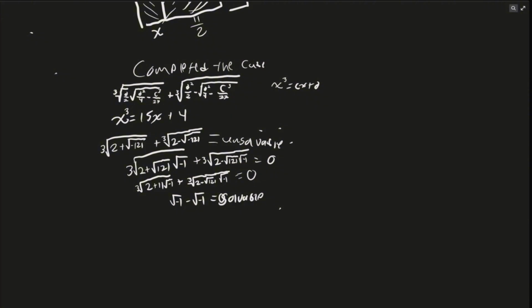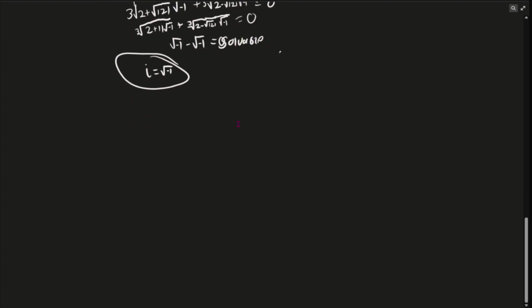This root negative 1, notated by Euler as i, was called imaginary. So now i equals root negative 1. This is a property. It is very important. It is the defining feature of complex numbers.